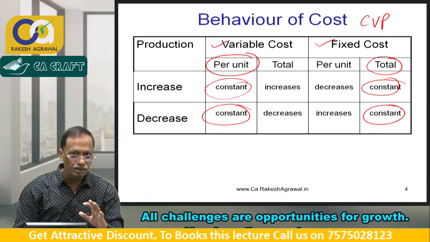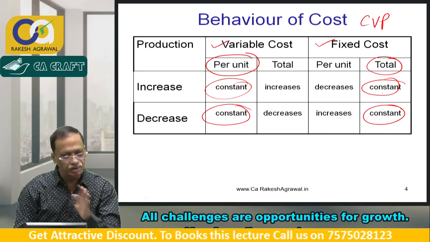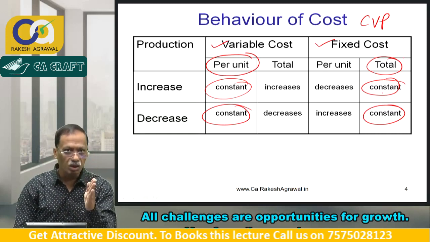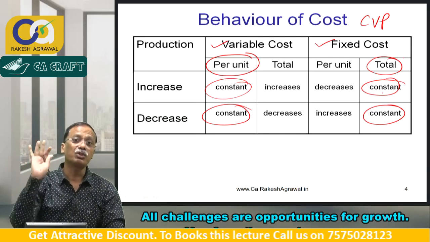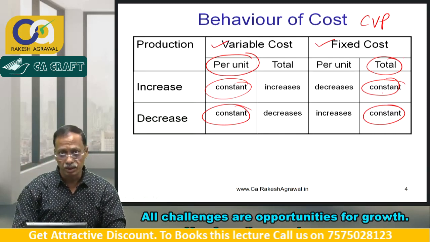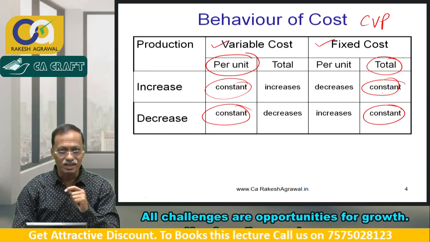So for any given question, if no further information is available, you can safely assume that variable cost per unit will remain constant and total fixed cost will remain constant. Is that clear? So these are two constants. Now, why is it called CVP analysis?